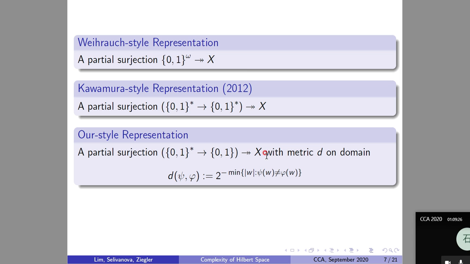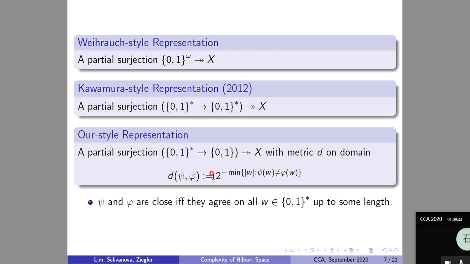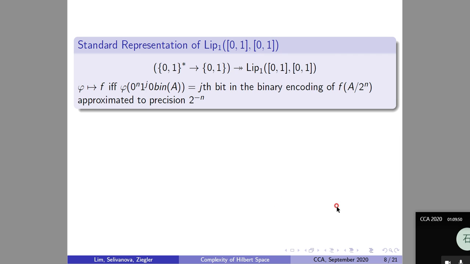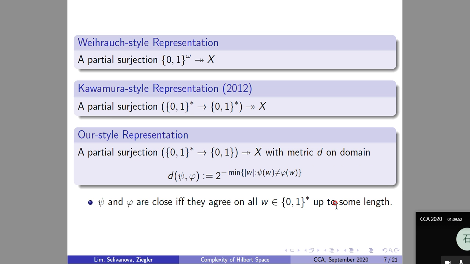And here we define a metric in this space. According to this equation defining the distance, two string predicates are close if they agree on all strings up to some length. So maybe let's observe this formula for a little while.